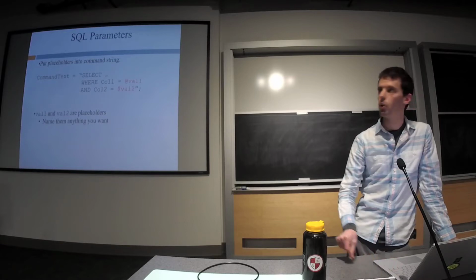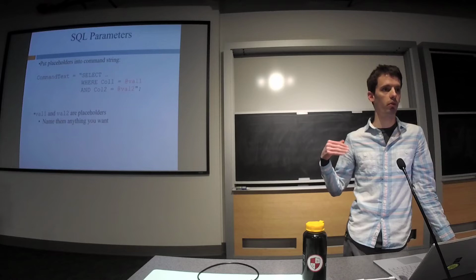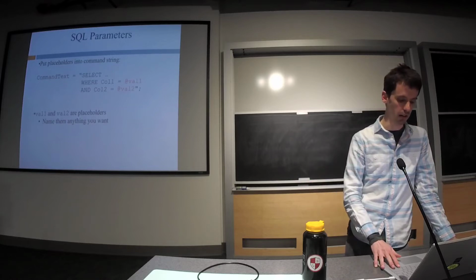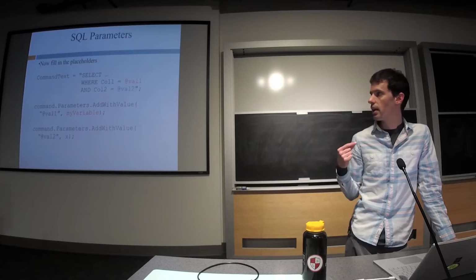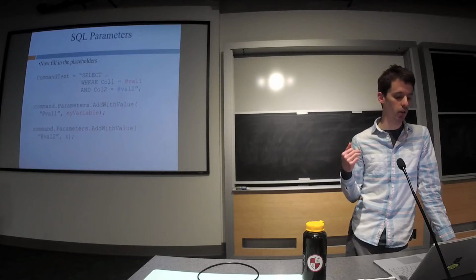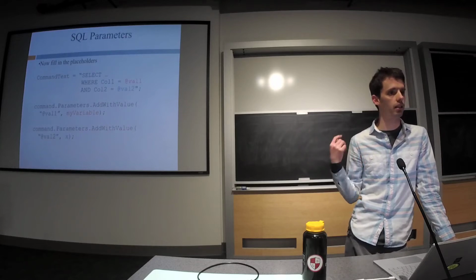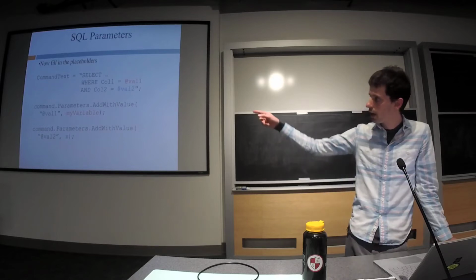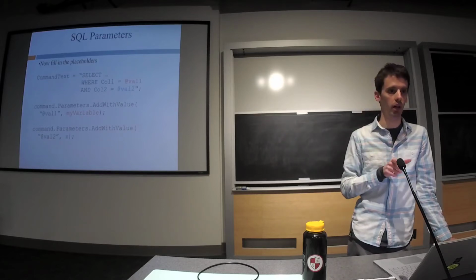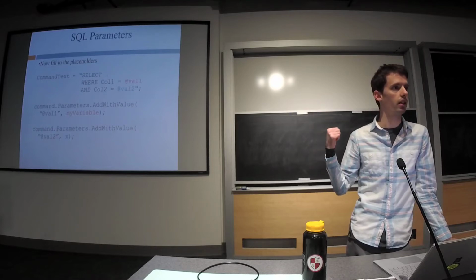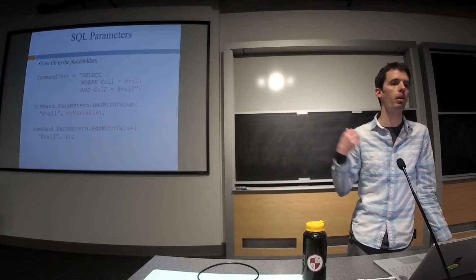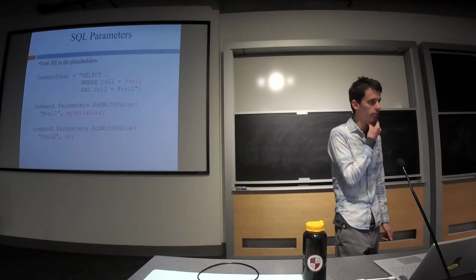And then before we execute the query, we have to replace those with the real values that they will become. So after setting up the command text, I call command.parameters.addWithValue. I specify the string, which is the placeholder I want to replace, and then some object. That could be a string, an int, a date time, or anything.